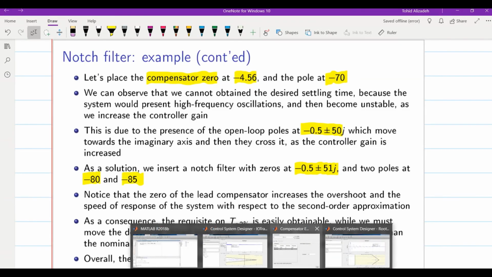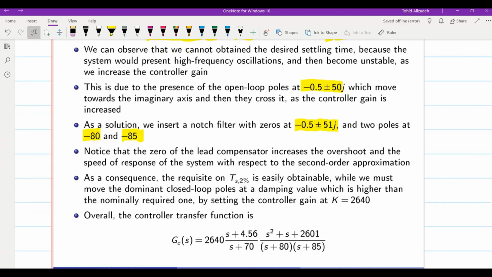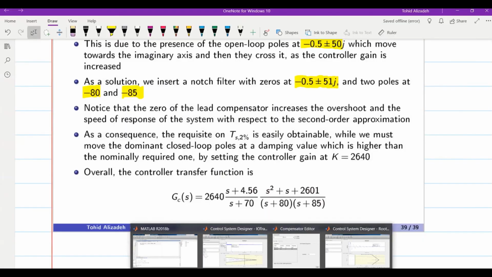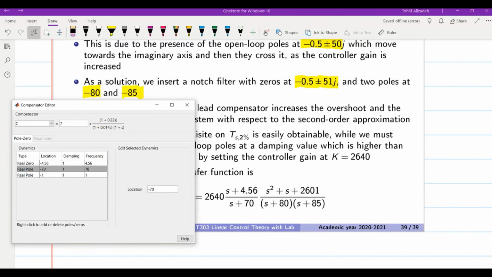So let's go back to our controller. We also need to adjust the value that we have for the gain. Let's introduce two real poles for our notch filter.